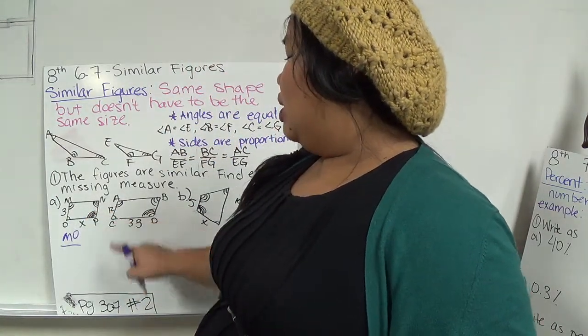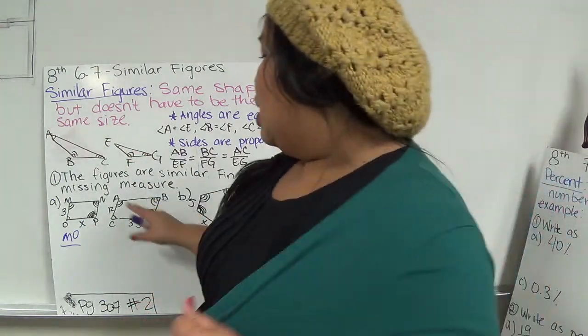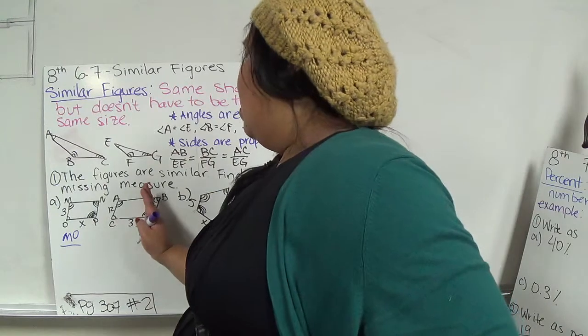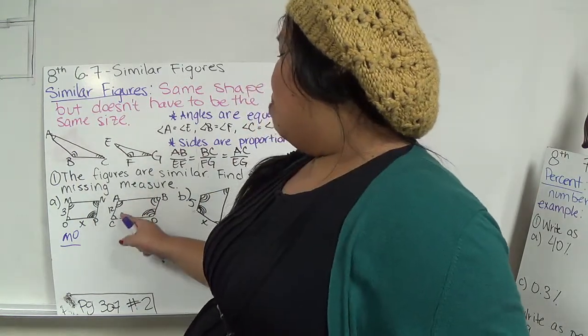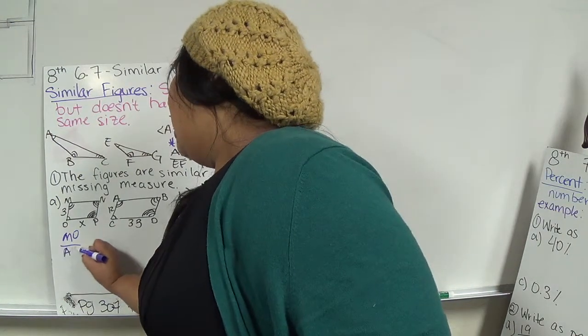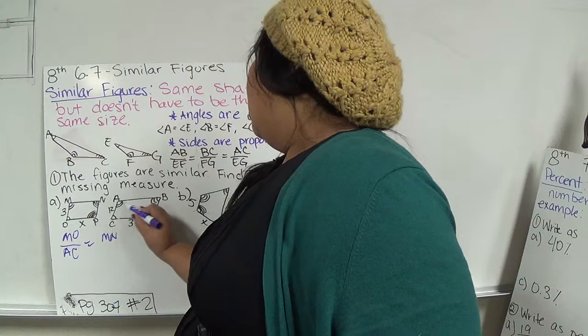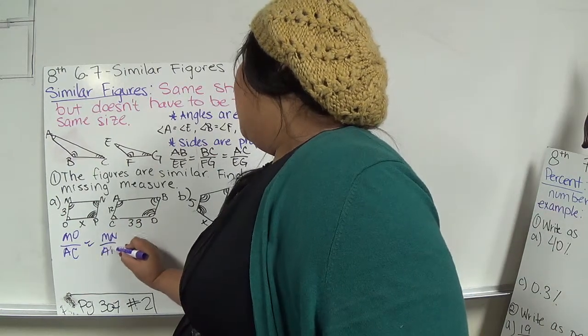That's how I match it. Sometimes they'll have these rotated and all sorts of stuff, so it doesn't mean that's always the same side. This could be pictured this way, but I should still be able to match because it's 2 to 1. So MO over AC, and MN should be proportionate to AB.